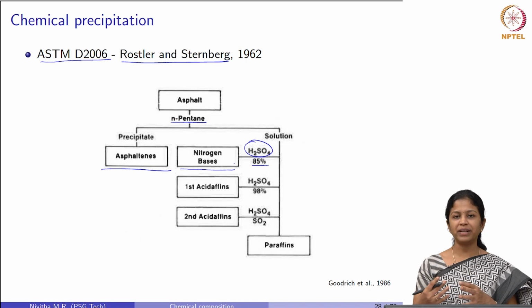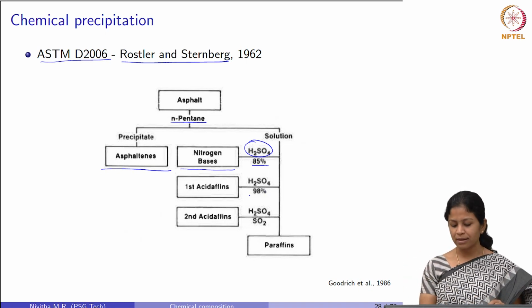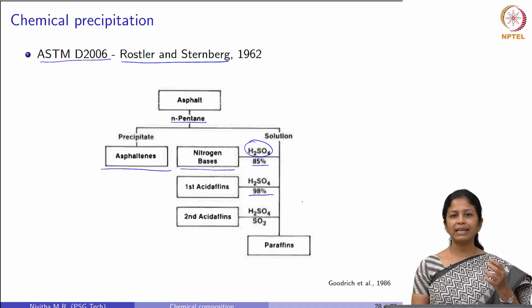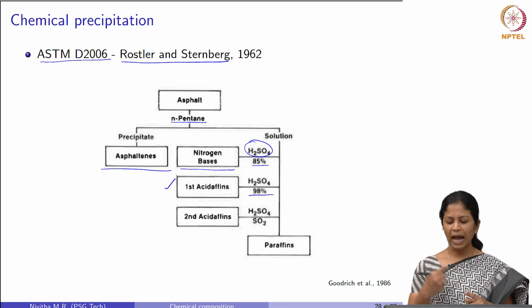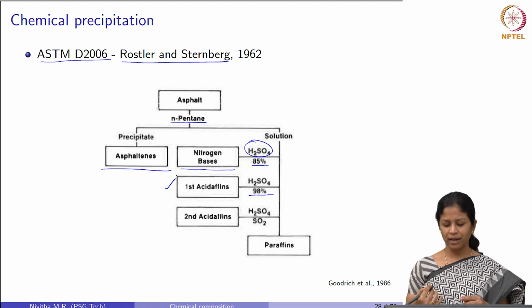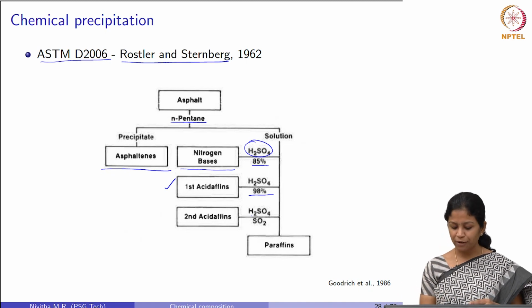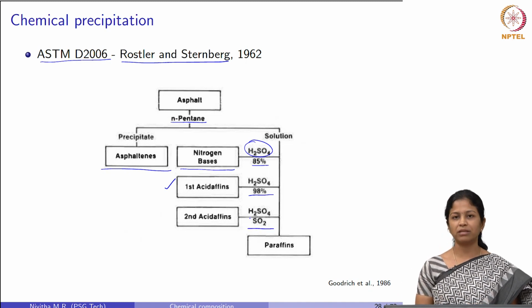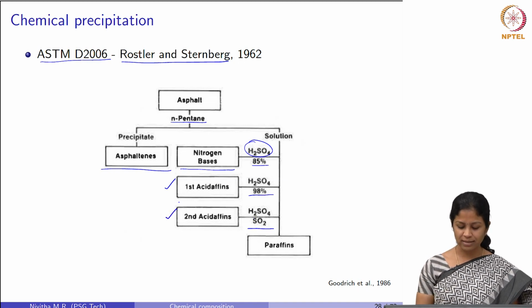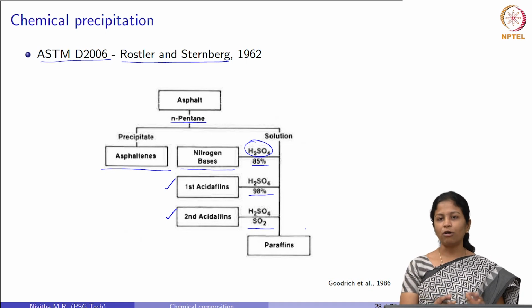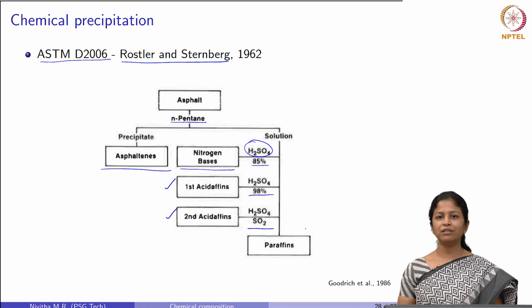Whatever is not precipitated, in the solution form, is added with sulfuric acid again, but at a higher concentration of 98%. What is precipitated is called first acidaffins. After that, whatever is still remaining in the solution is added with sulfuric acid and sulfur dioxide, and whatever is precipitated in this case is called second acidaffins. After all these steps, whatever still remains in the solution is called paraffins.